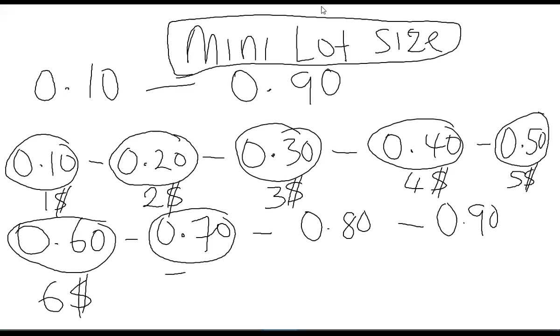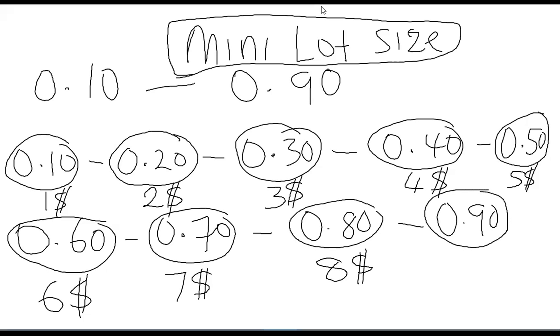I'm glad you guys are following. So how about you use 0.80? How much are you going to make in 1 pip? Yes, $8. Now, if you use 0.90, how much are you going to make per pip? $9. So are you now seeing how these lot sizes work?